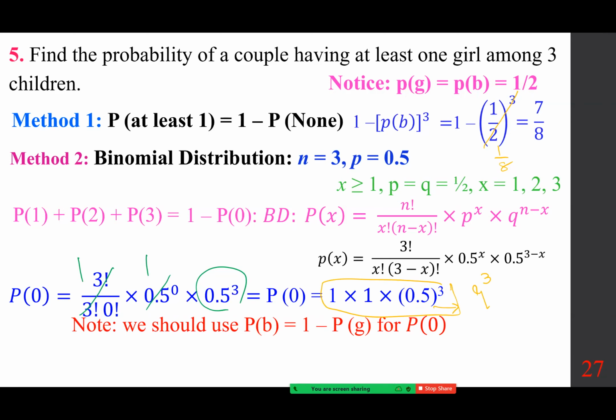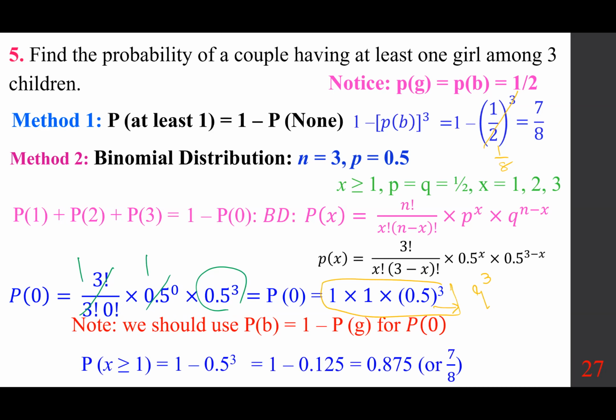So probability of X larger than or equal to 1 becomes 1 minus 0.5 to the third, which is 1 minus 0.125, and we get the same answer as before, this one. So there are different ways of approaching that.